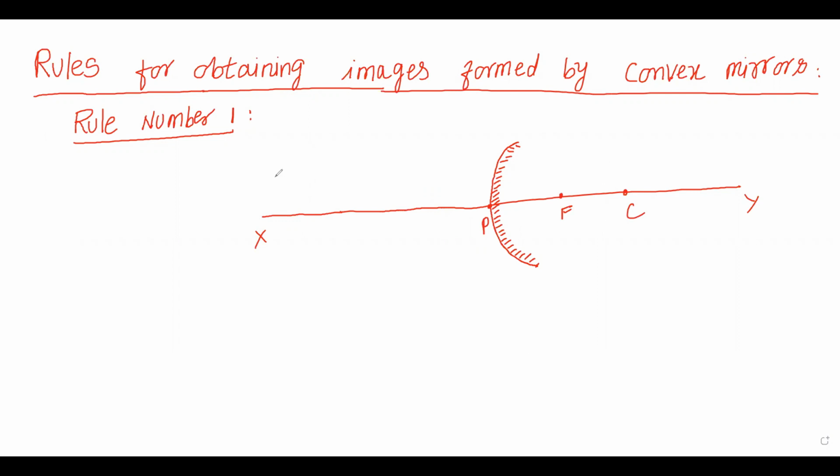The first rule is the ray parallel to the principal axis will reflect in such a way that it appears to be moving away from the focus. Okay?